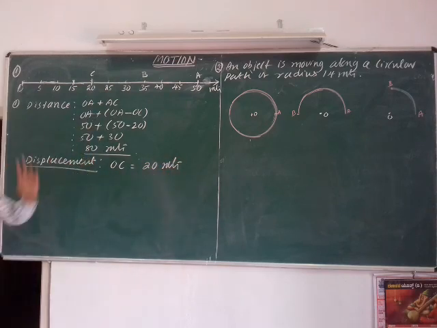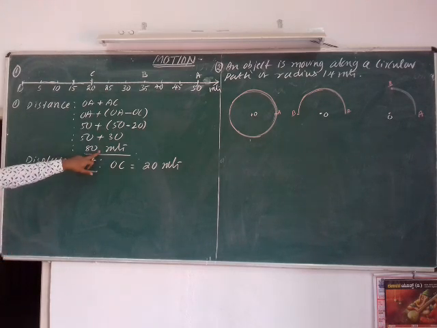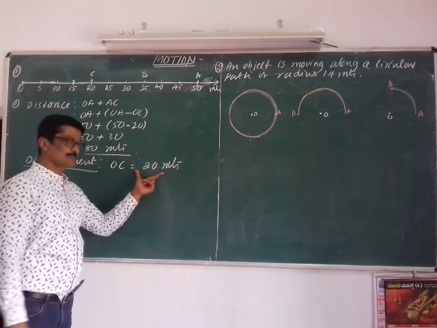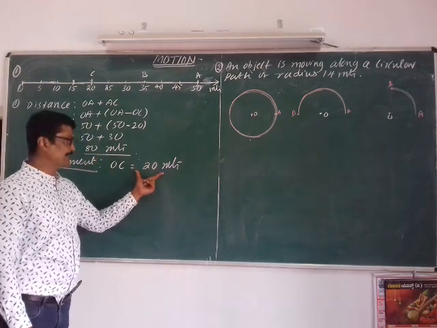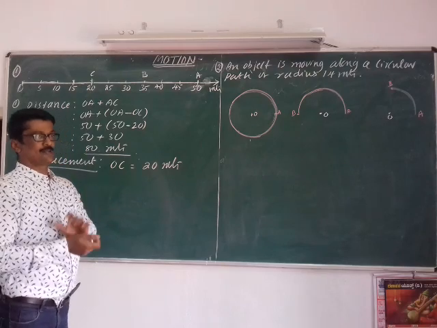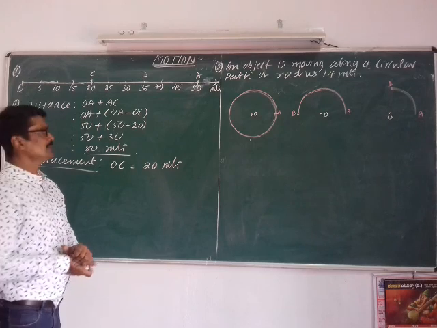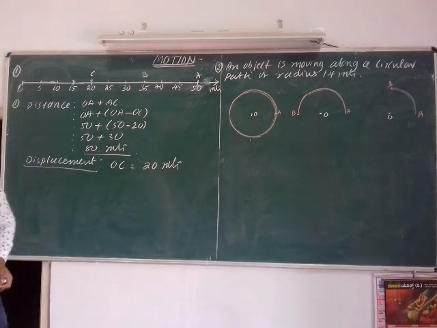So in this case, distance travelled is 80. That is the complete length of the path. This is the displacement, 20 meters. That is the shortest distance between initial position and final position. So let us take case 2.